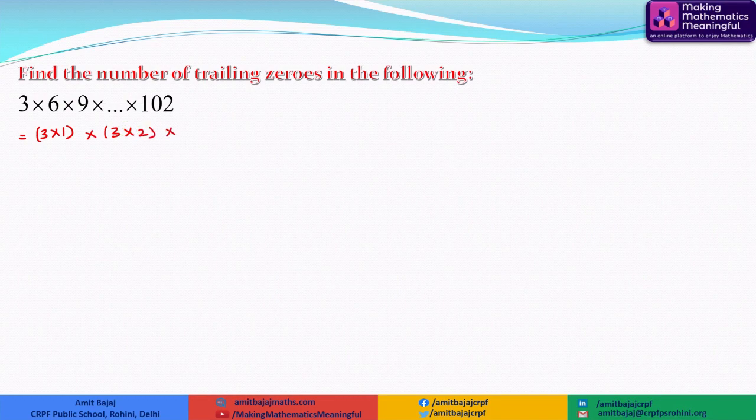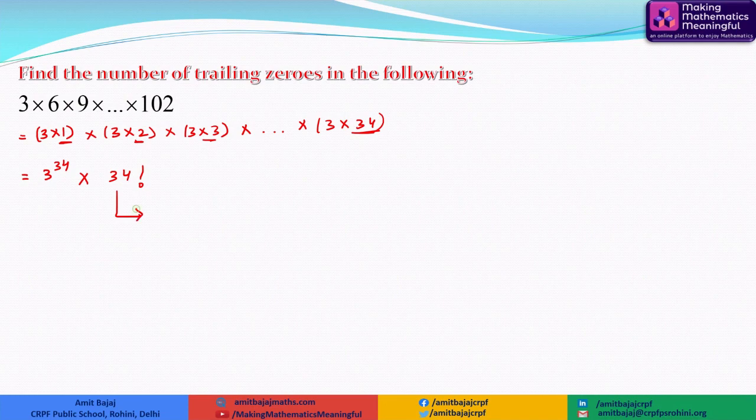This product can be written like this: 3 into 1 into 3 into 2 into 3 into 3 up to 3 into 34. So here 3 is coming 34 times. So 3 power 34 into, it's clearly now 1 into 2 into 3 up to 34, which is 34 factorial.